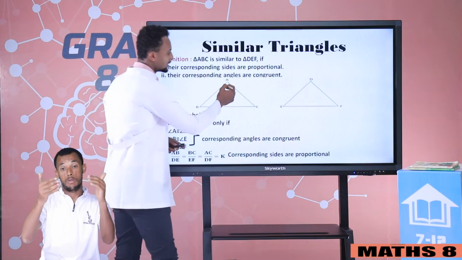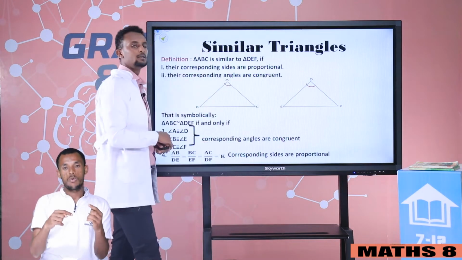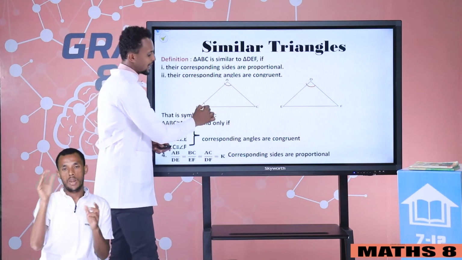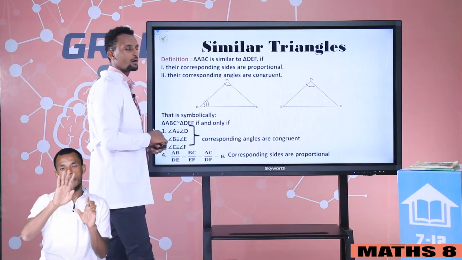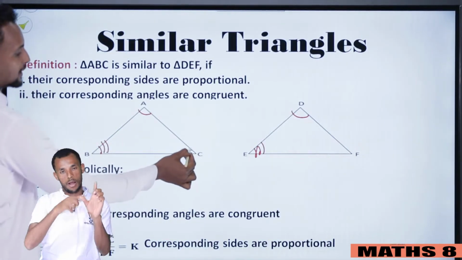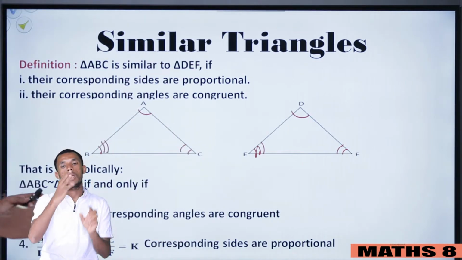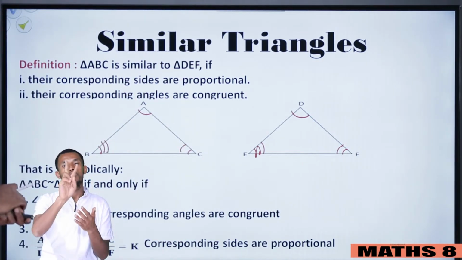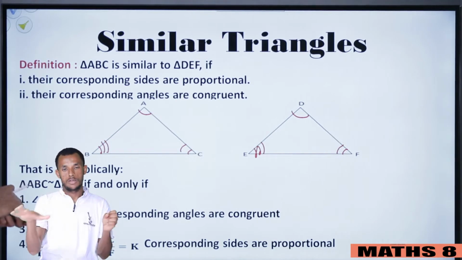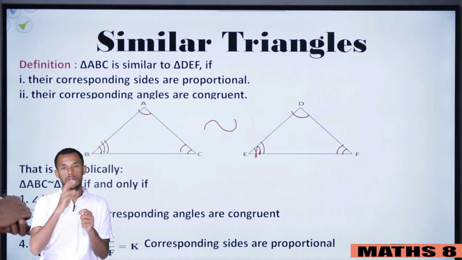That means angle A has to be congruent or equal to angle D, and also angle B has to be congruent to angle E, and also angle C is congruent to angle F. If these two things are satisfied, then we can say the two triangles are similar.